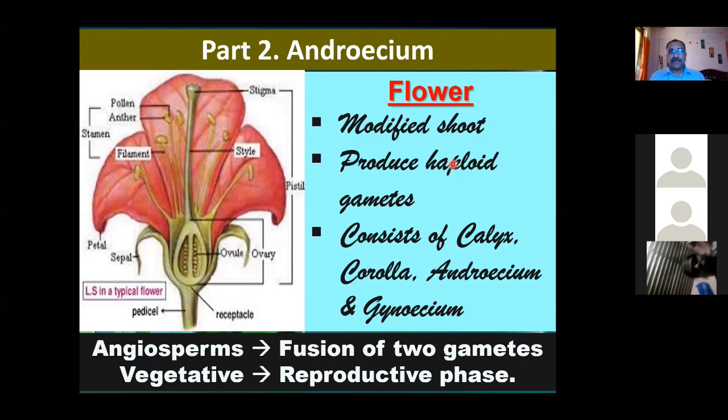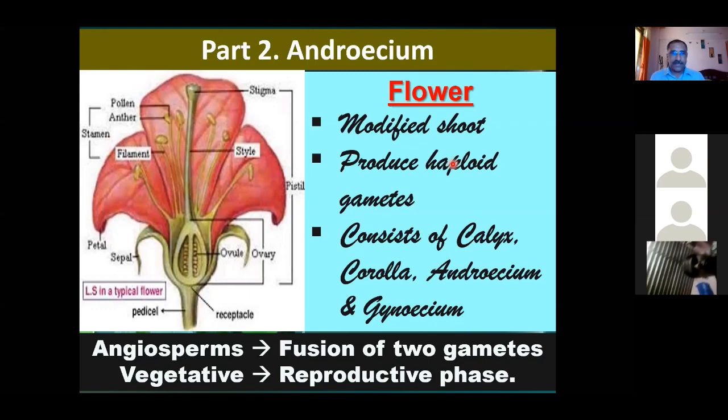So in this slide, you have seen that a flower is a modified shoot. It has various parts like the accessory whorls, calyx and corolla, and the essential whorls, androecium and gynoecium. Then we have seen that in all angiosperms, the male and female gametes get fused, and thereby sexual reproduction takes place.